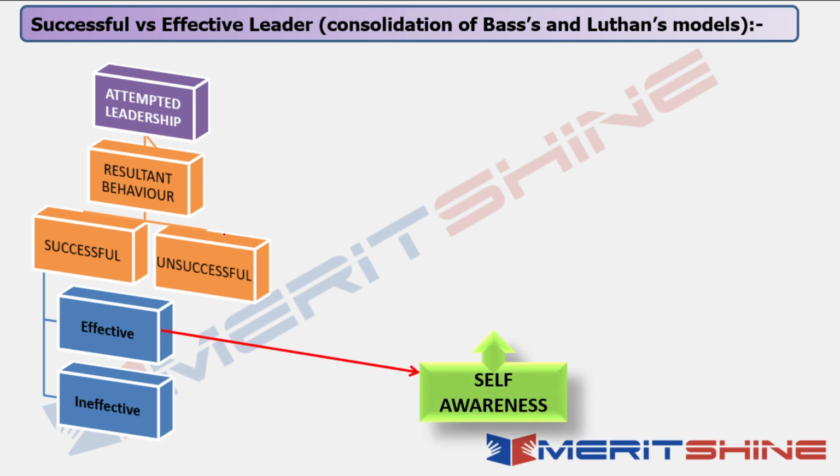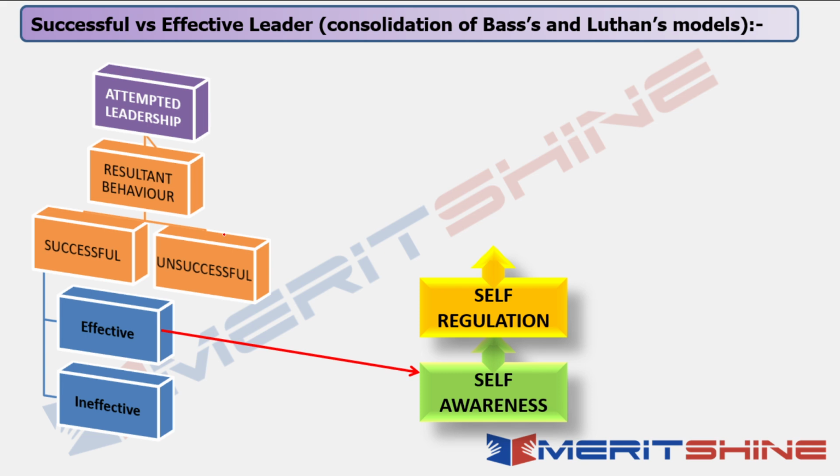Goleman borrowed from this effective leadership idea of Luthans and created a separate theory based on that. He said, how does a leader become effective? The first level, he said, is self-awareness: he should know what his strengths are, what his weaknesses are, where he can do good, where he cannot do so good. Then he should self-regulate.